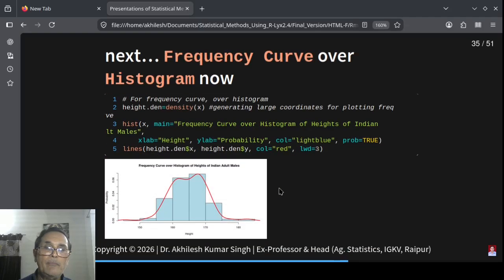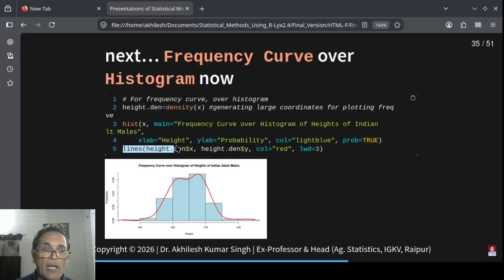Now we can also plot the frequency curve over the histogram, because these frequency curves belong to the same class intervals. They have simply been obtained by simulating, conceptually increasing infinitely the number of values using the density function. So here again we compute it, and then we apply the hist function. We have already computed the histogram by putting probability true here.